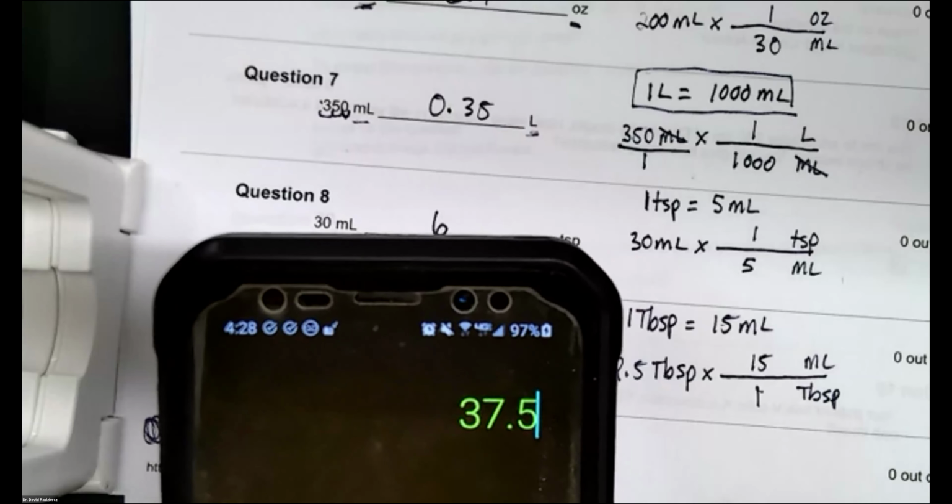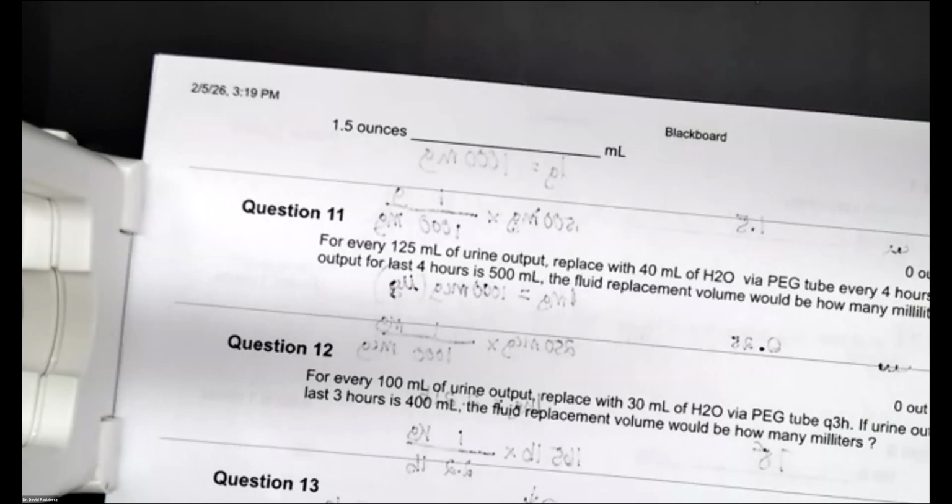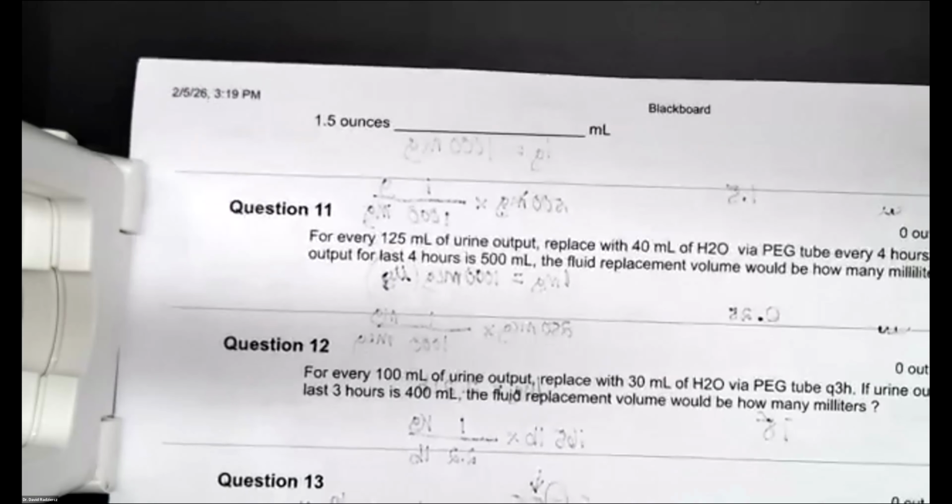There's nothing to round. Okay. All right, let's look at the next page.